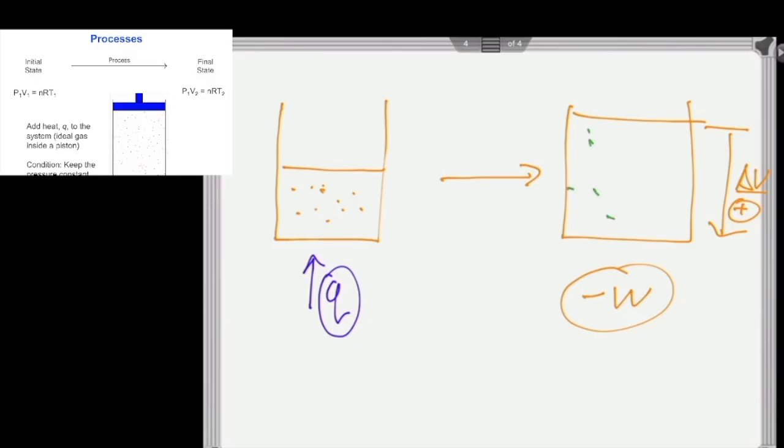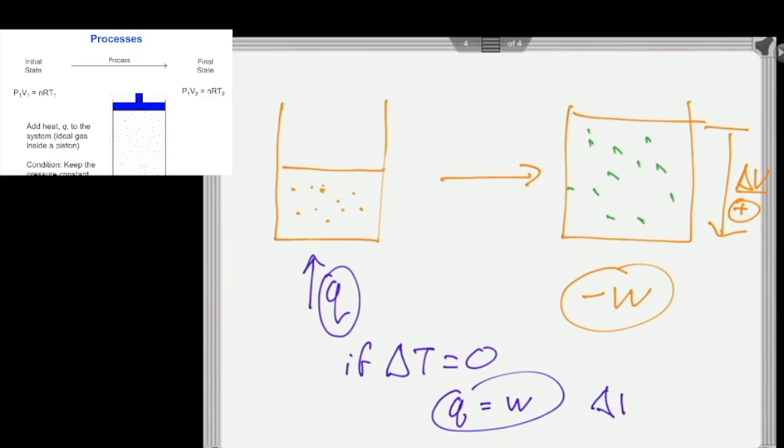I've got a bigger system, right? More delta V. If delta T equals 0, then Q for this process equals W. Or delta E, remember, if delta E equals Q plus W, what does this have to mean about the value for delta E for an isothermal expansion?